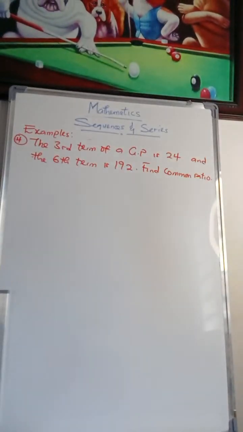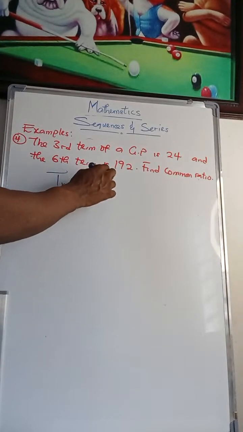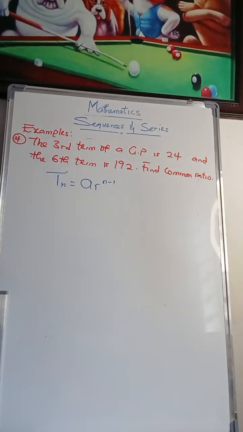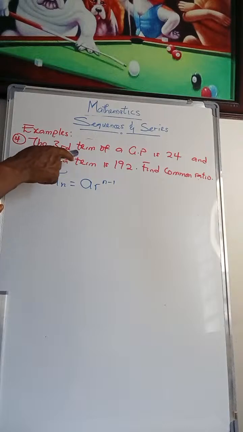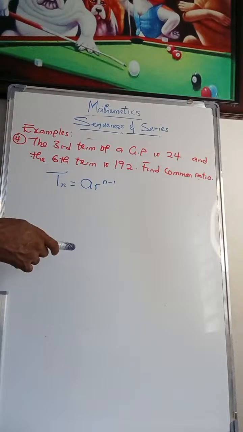Don't forget, if you are looking for the nth term of a GP, we are going to use the formula Tn equals AR raised to n minus 1. Just like the other question on AP, we have two sentences here. The first talks about the third term of a GP, which is 24, and that will generate equation 1.